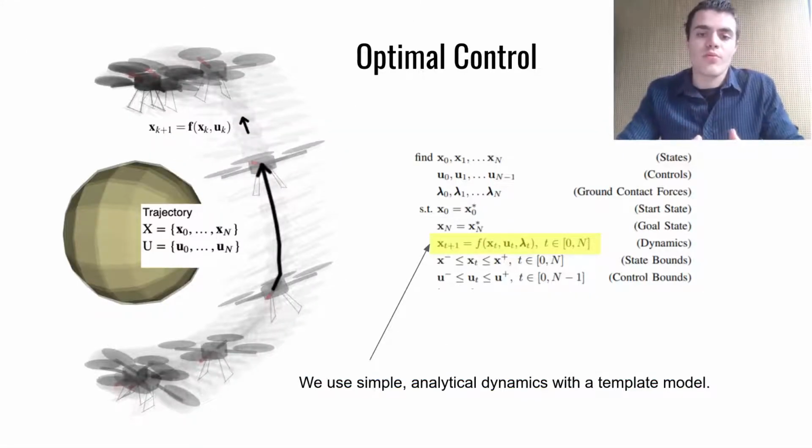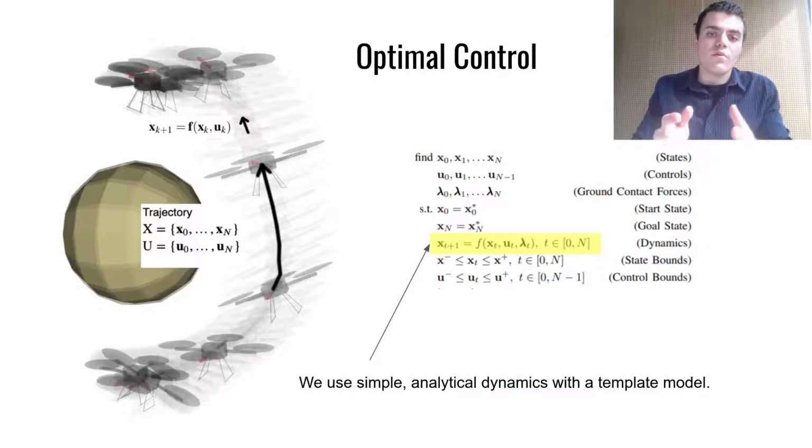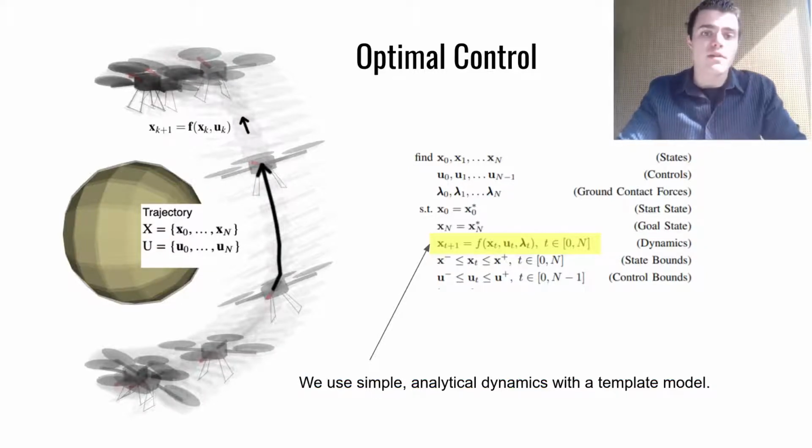And optimal control briefly finds trajectories, that is motion trajectories, states, controls, and in the case of locomotion, contact forces, that satisfy both the physics of the world, the dynamics, and the task constraints. And we'll be using a simpler template model in this paper to specify the dynamics of the system.